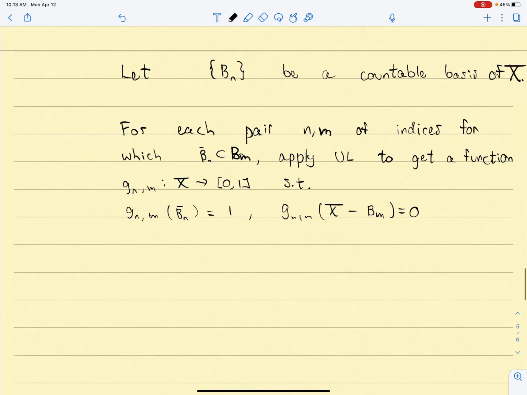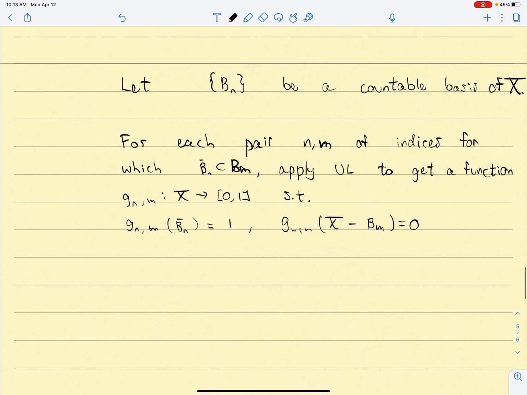So this collection of functions is going to fulfill our requirements.